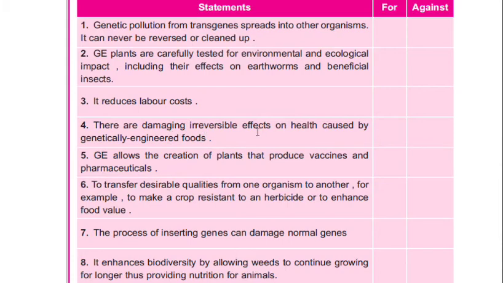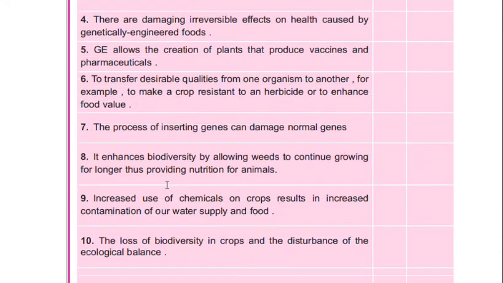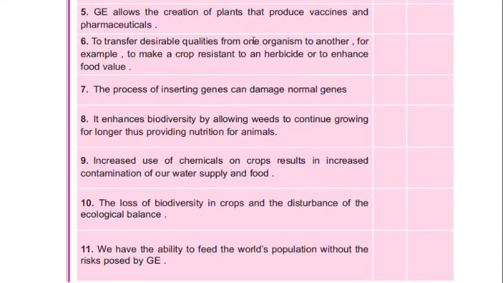That is something mainly causing cancer, and that is something against. 5, genetic engineering allows the creation of plants that produce vaccines and pharmaceuticals. We can use genetic engineering to create plants that produce vaccines and medicine, which is something positive. 4.